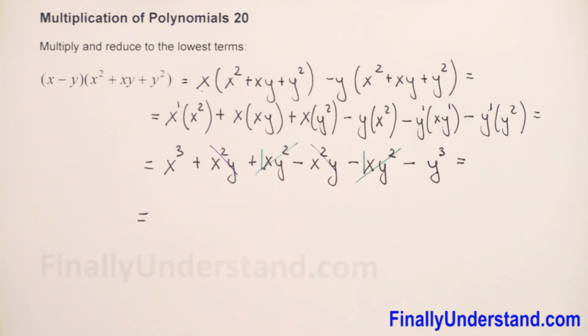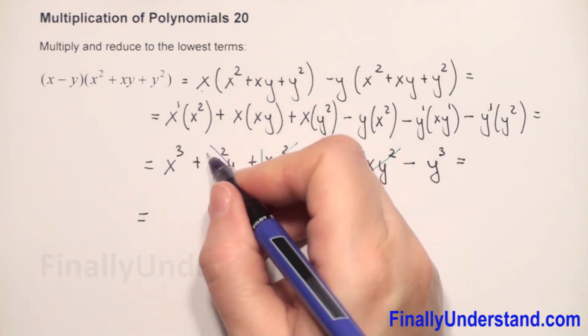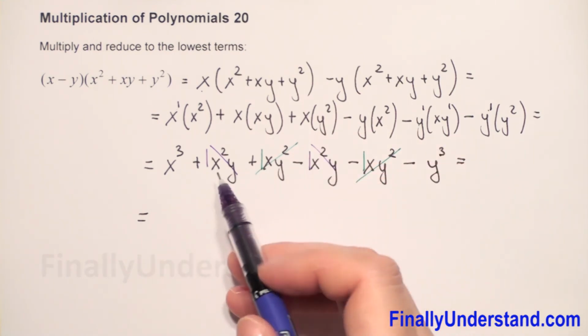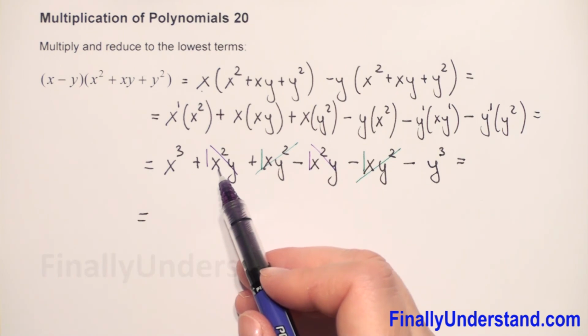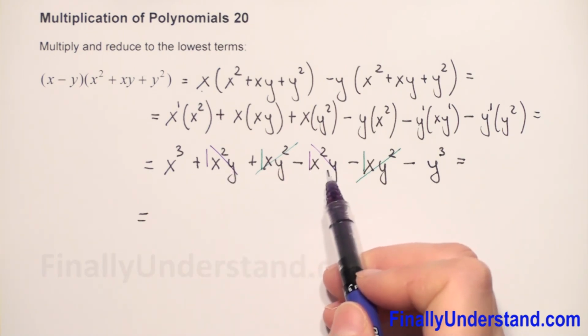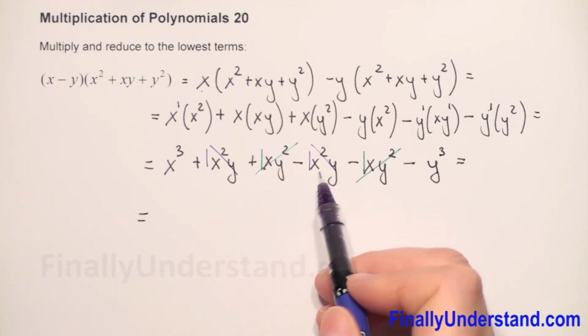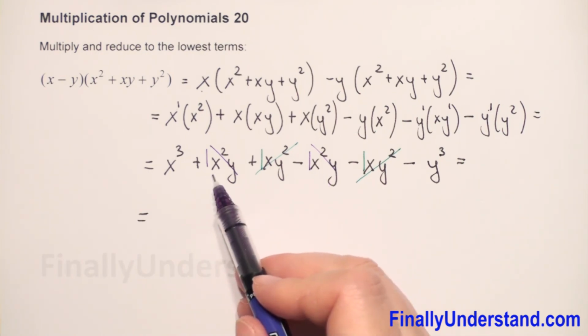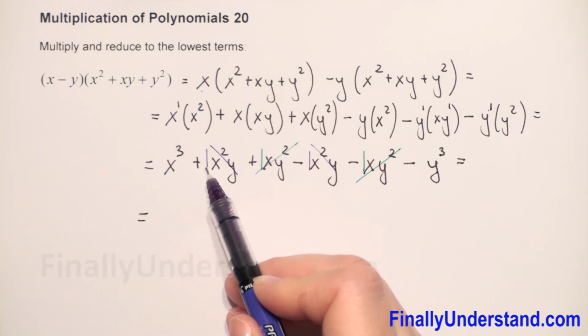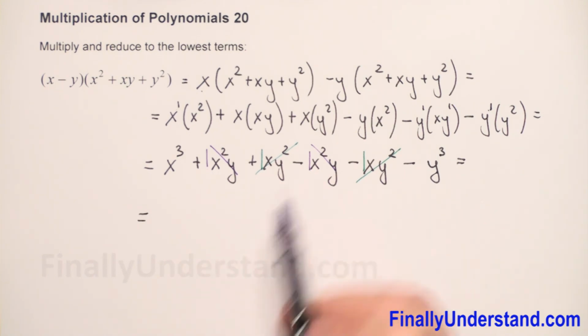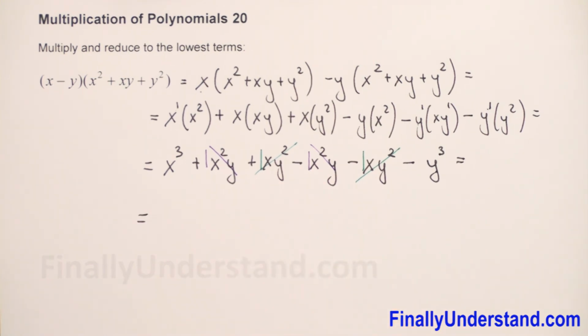We have an invisible 1. So 1 minus 1 gives me 0, and it doesn't matter what is after the 1. We have the same term, x squared y, that's why we check only the coefficients. 1 minus 1 gives me 0. That's why I cancel out these two terms.